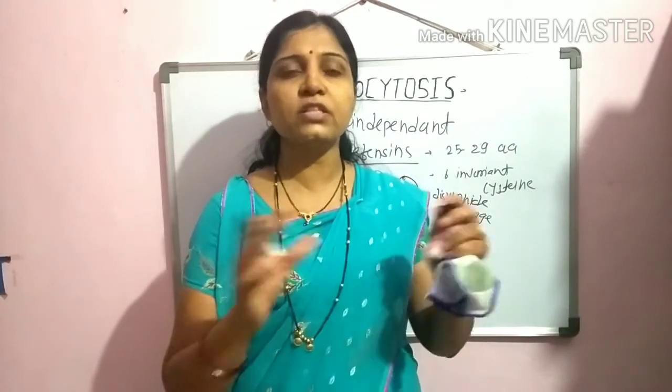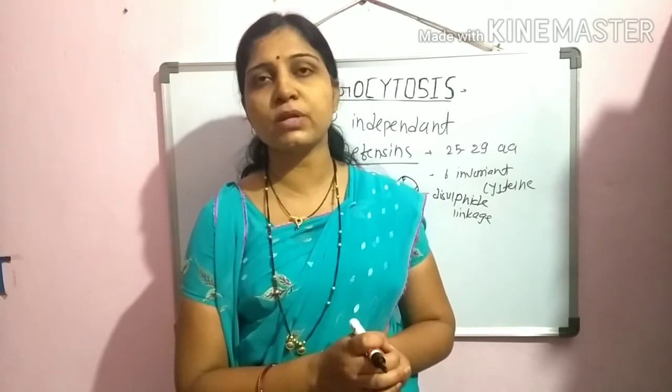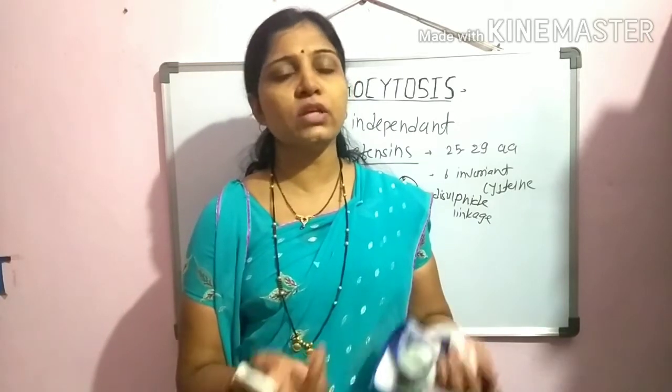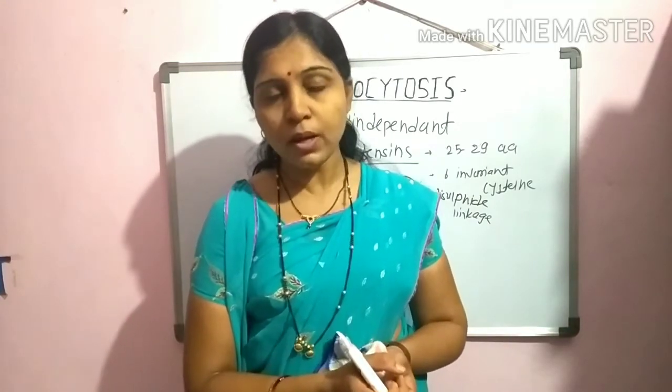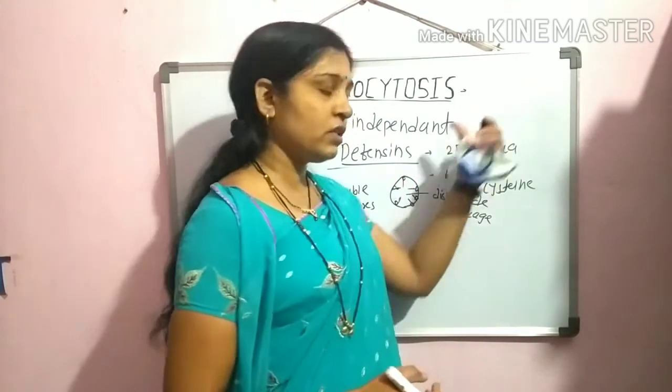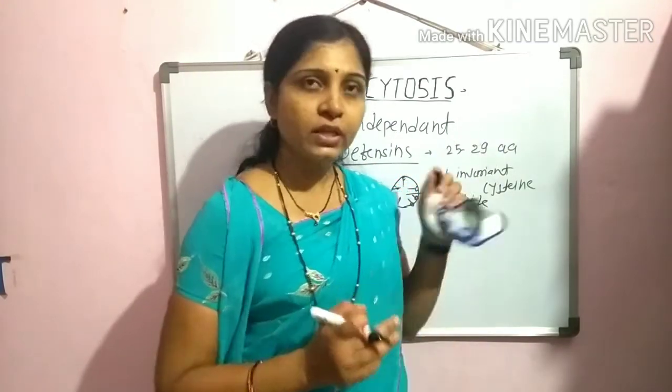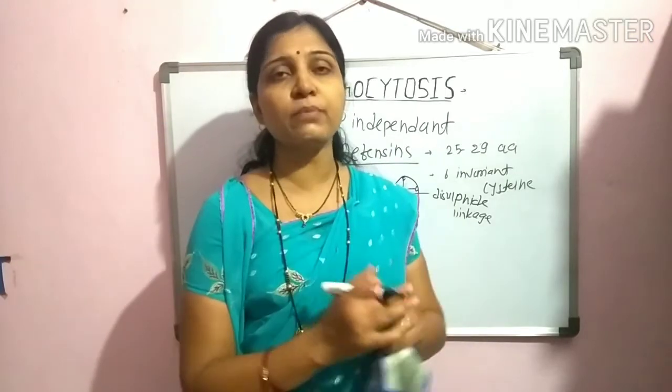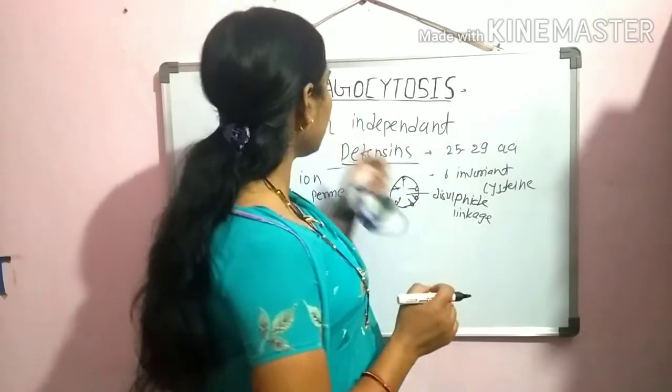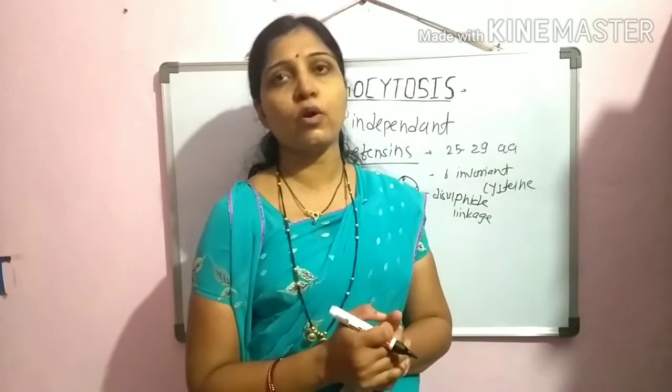Due to that there is the bursting of the cells, which results in the death of the microbial cells. By this way, the oxygen independent killing of the ingested microbial cell is carried out within the oxygen independent mechanism of phagocytosis.